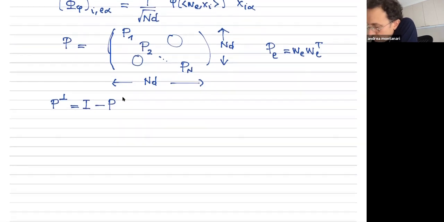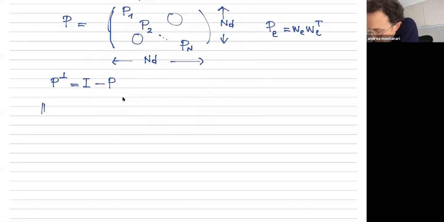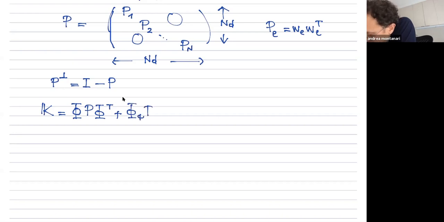Okay, so with this in hand, now we write the kernel as first decomposing the part along P and orthogonal to P, and then we decompose phi into the low degree part and the high degree part.